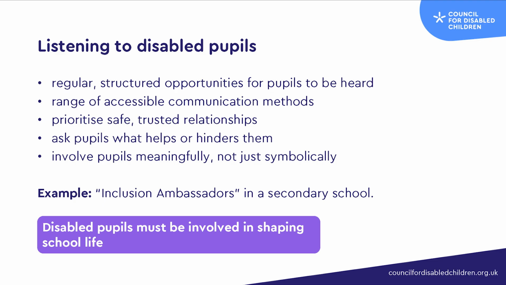Some pupils use speech, some communicate through signing, symbols, assistive technology, or behaviour. Every method is valid, and schools already have creative approaches to capturing those voices. Trusted relationships are vital too. Pupils are much more likely to share honestly with adults they feel safe with.